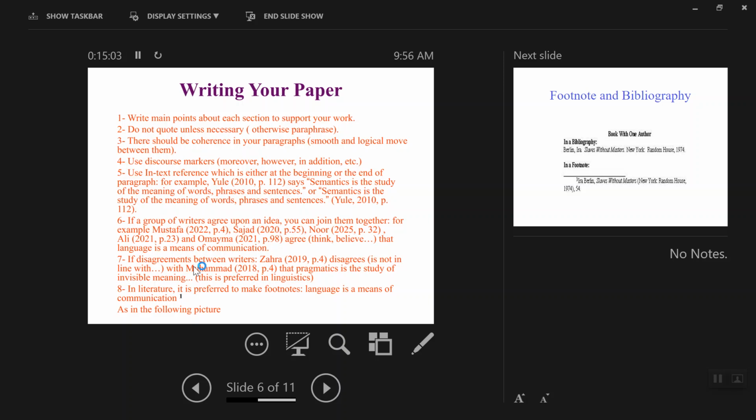So when you take something from the book, don't copy and paste. You can copy and paste in a draft, when you take notes. But when you write, try to paraphrase. I usually advise my students to write as it is, copy and paste.